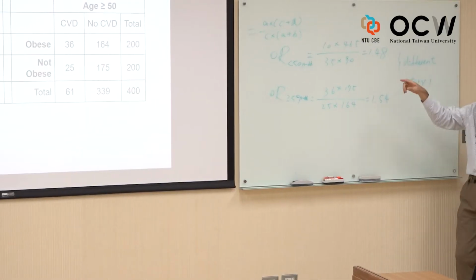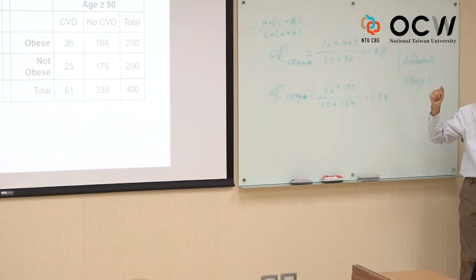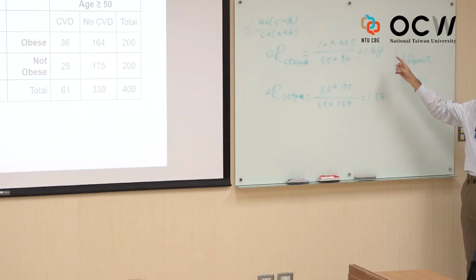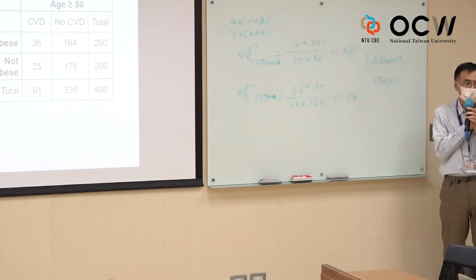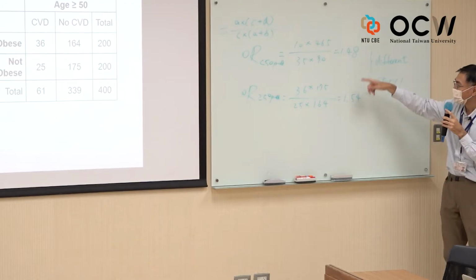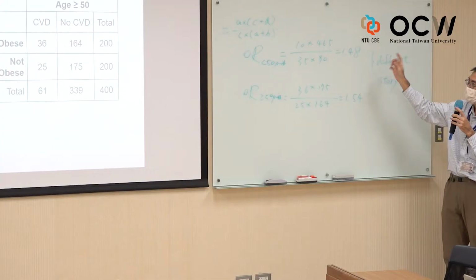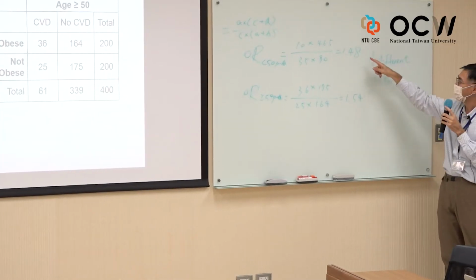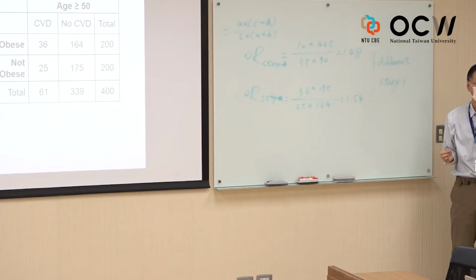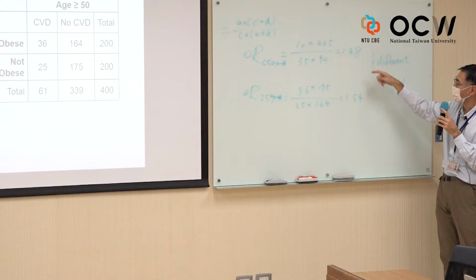But if you do that, it did not summarize them, right? That's one thing. And the other thing is that this is so-called stratified analysis. You are not adjusting it. So it's a totally different story. Such split calculation for odds ratio is trying to identify the interaction or effect modifier. But it's about the same, 1.48, 1.54.